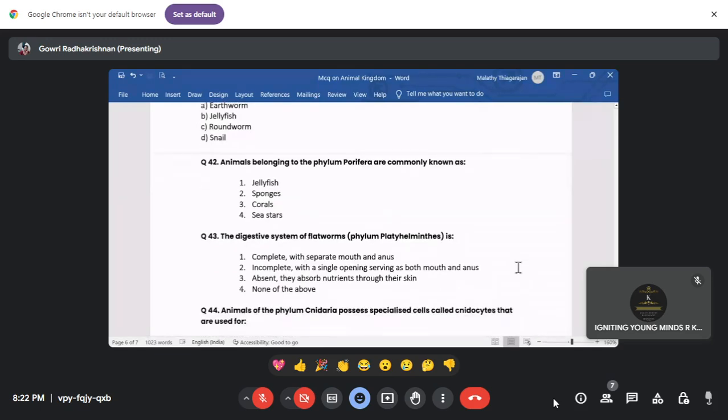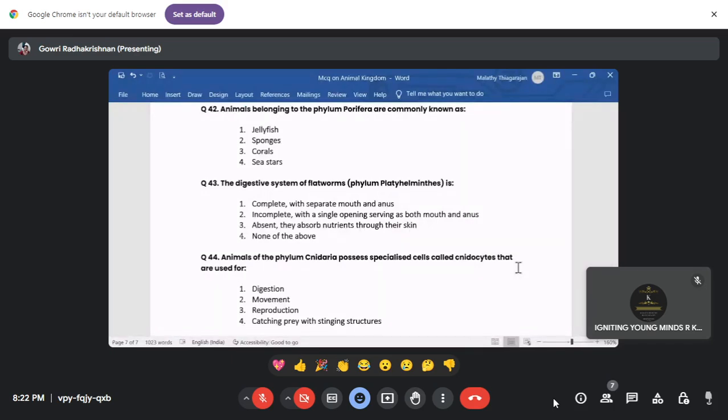Sponges, ma'am. Correct. The digestive system of flatworms, phylum Platyhelminthes, is? You describe Platyhelminthes with an example of flatworms, but their characteristic is the same, isn't it? Incomplete digestive system with a single opening serving as both mouth and anus.